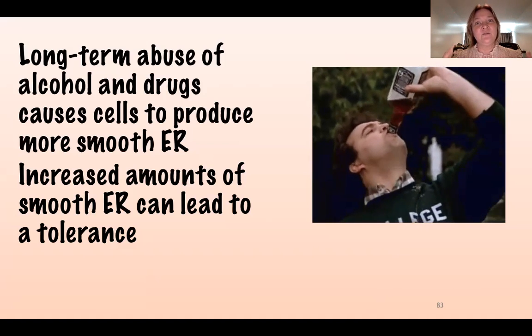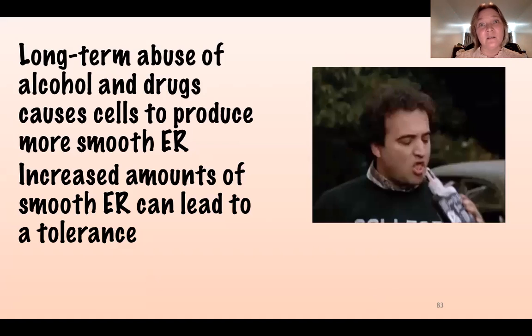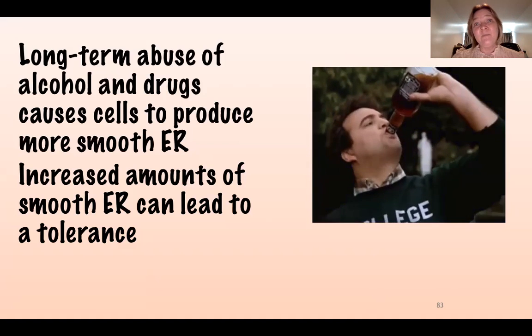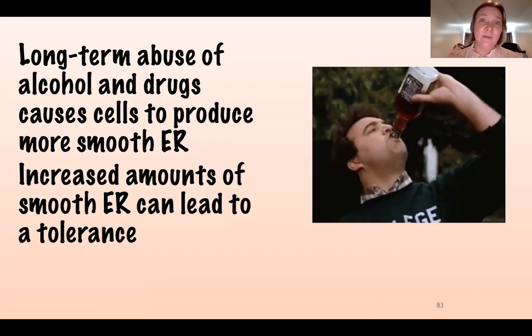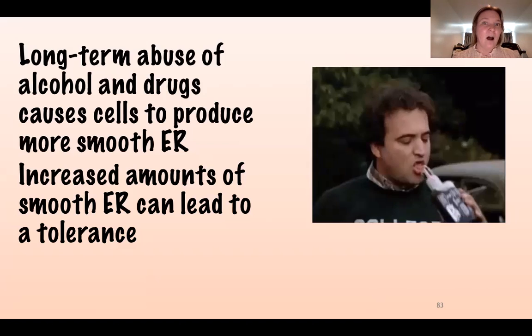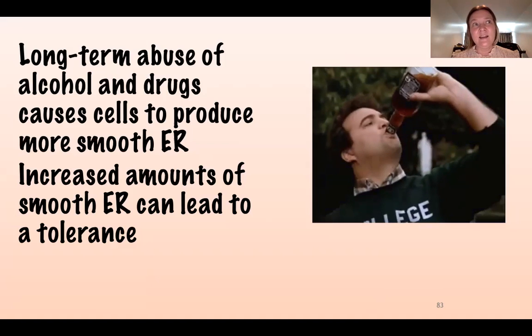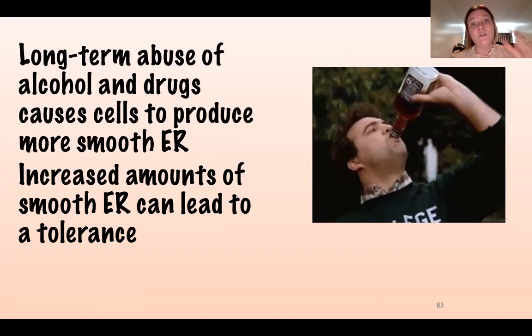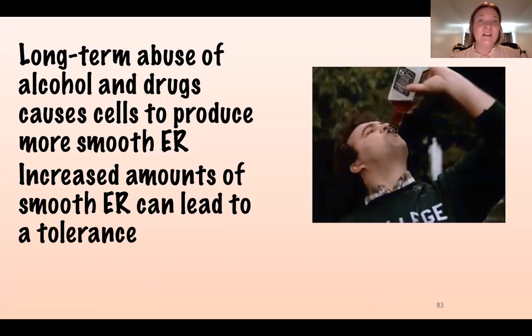Instead of one glass getting you drunk, it takes a bottle. And the longer you abuse it, the more it takes. And the same thing happens with drugs. If you take drugs the first time, you get super high and you're like, woo. But if you keep taking it, it takes more than just one time or one small amount. It takes more and more because of your smooth ER.